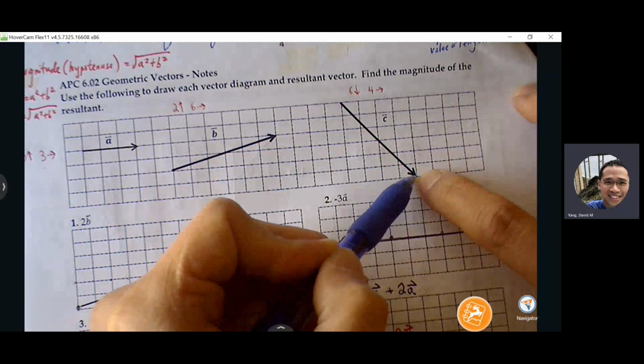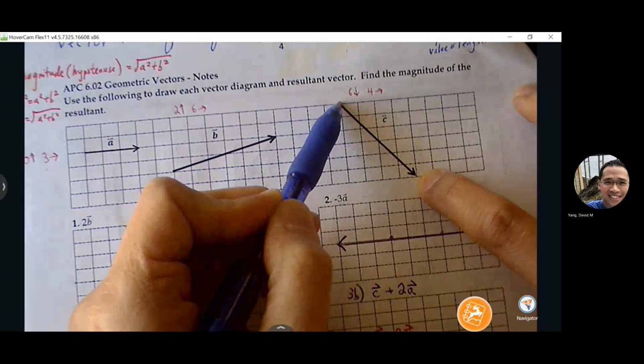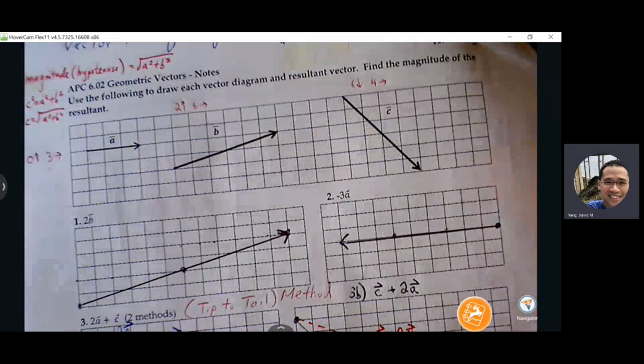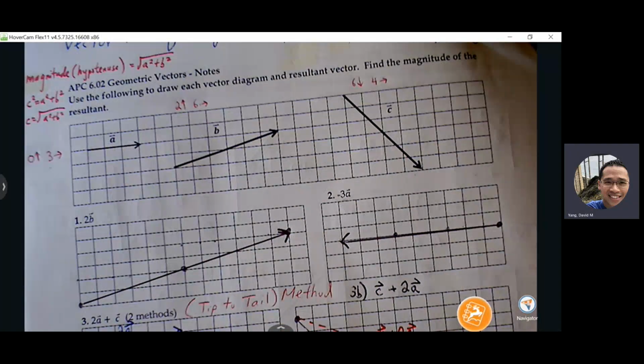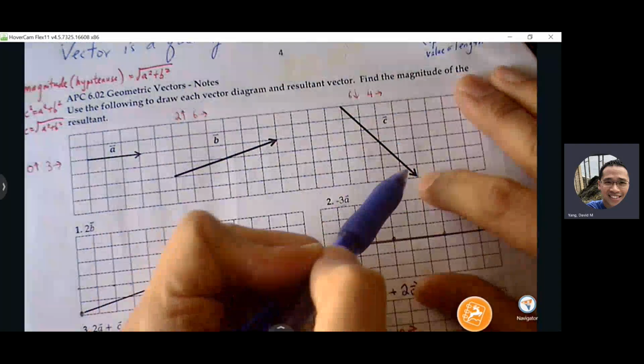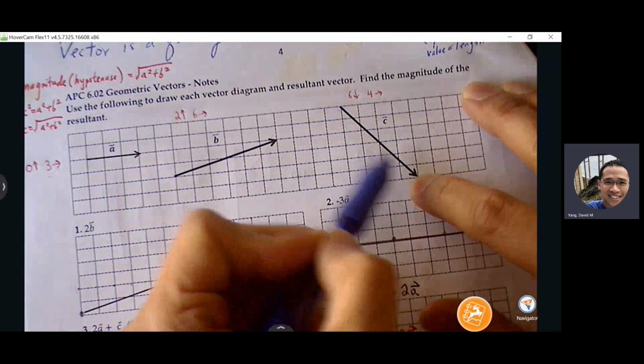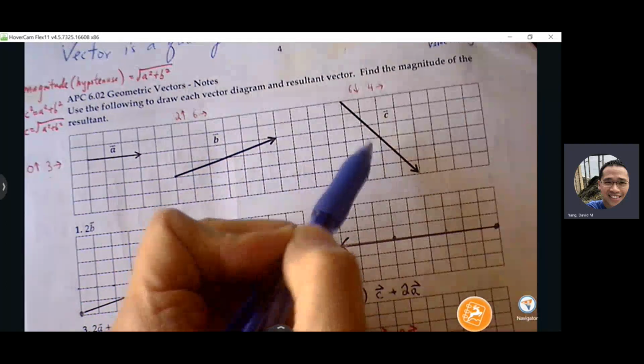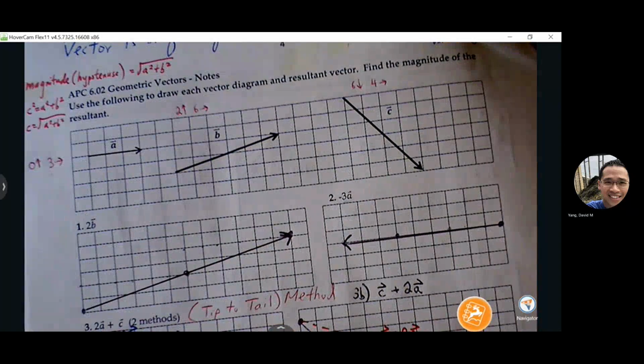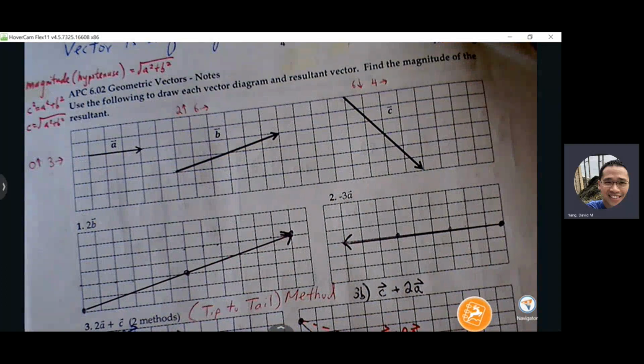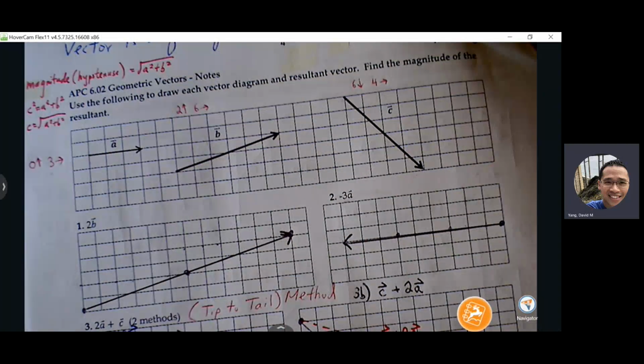You're going to start down here and go up to the left. You're switching both, so you're going up and left. Whatever you do, you're not going to create a new line. You're just moving along the same line, in a different direction. Instead of down and to the right, you're going to go up and to the left.